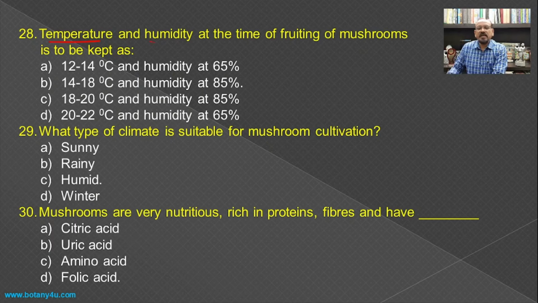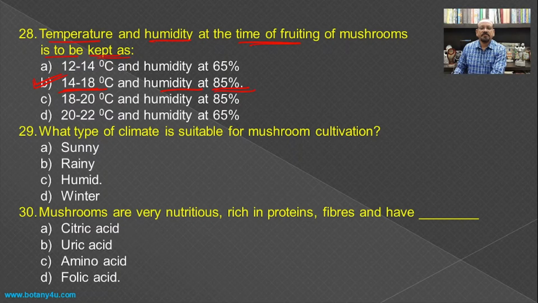Then temperature and humidity at the time of fruiting of the mushroom is to be kept as, there is necessity to maintain the temperature 14 to 18 degrees Celsius and the humidity at 85%, and hence B will be the correct answer for this question.